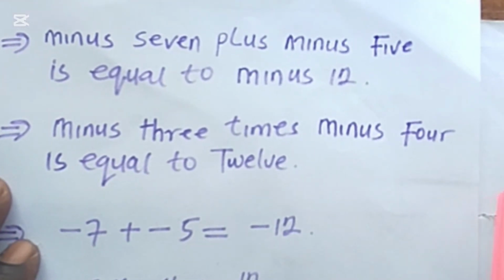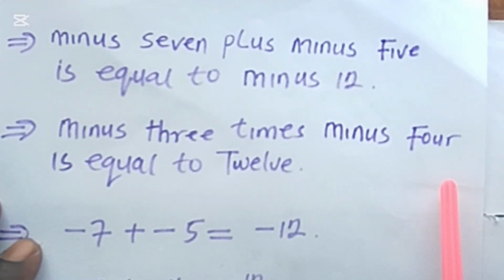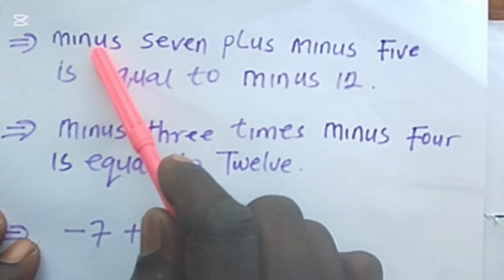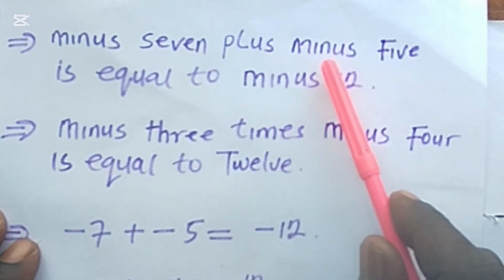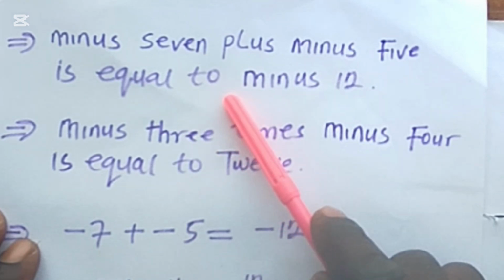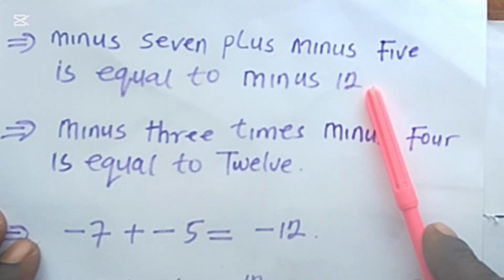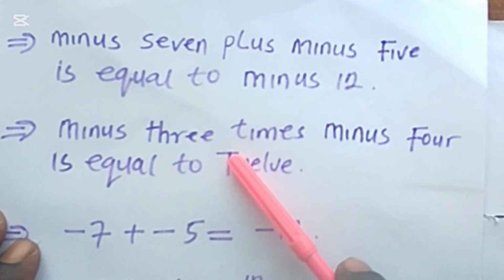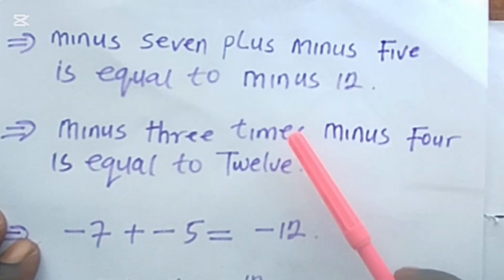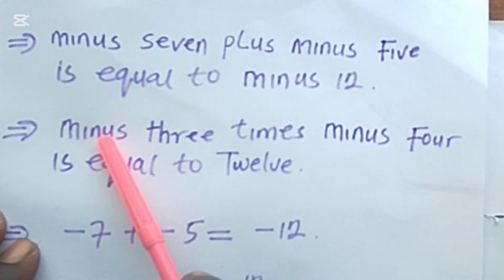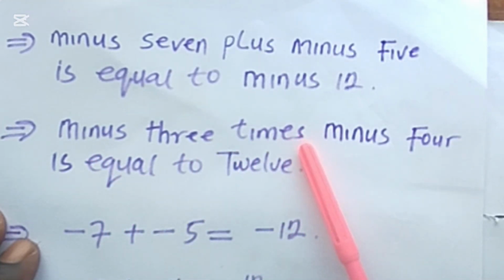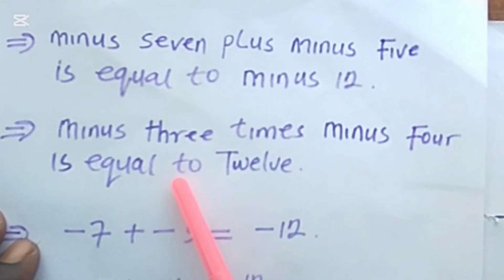If you have spent some time in a math class, especially a beginner's math class, you must have come across statements like minus 7 plus minus 5 is equal to minus 12. You could have also come across a statement like minus 3 times minus 4 is equal to 12.